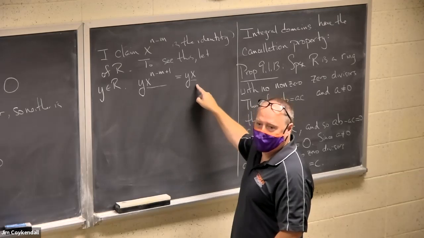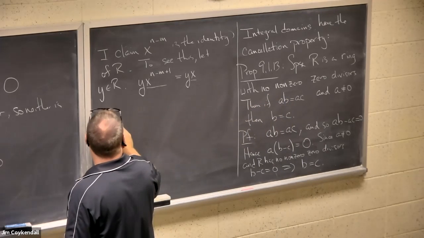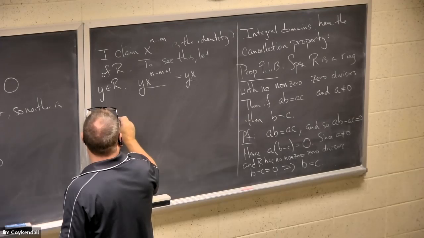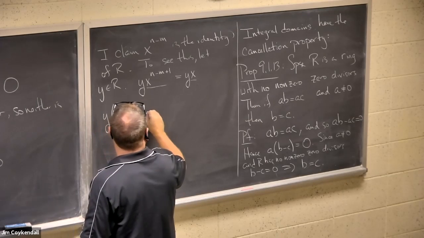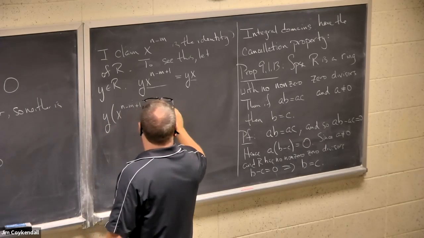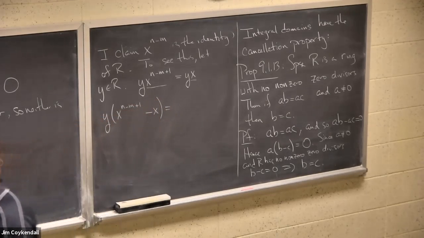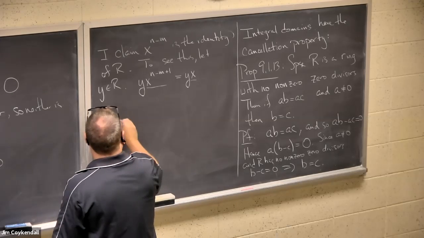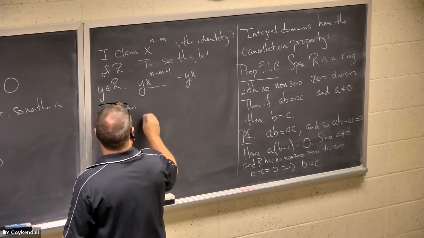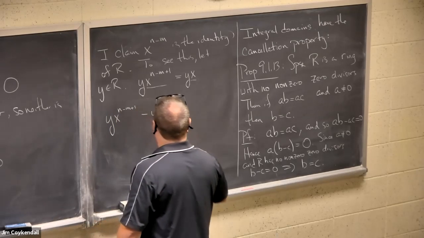So I can replace that by x, which means that y x to the n minus m plus 1 minus yx equals 0.